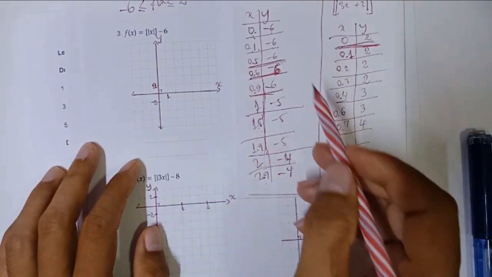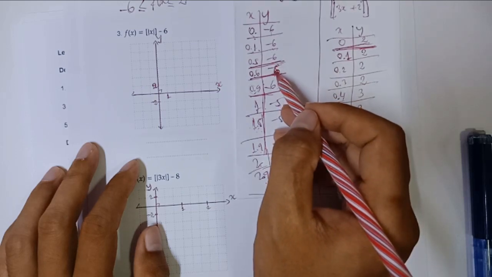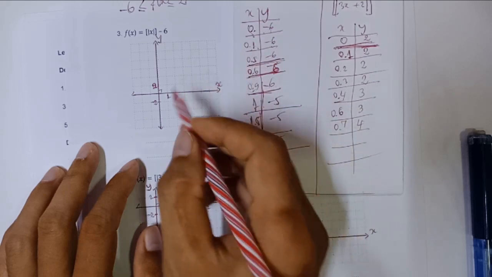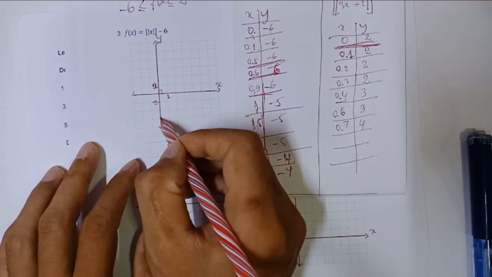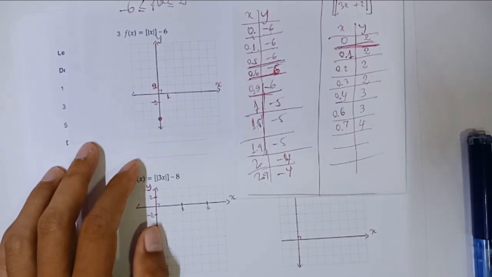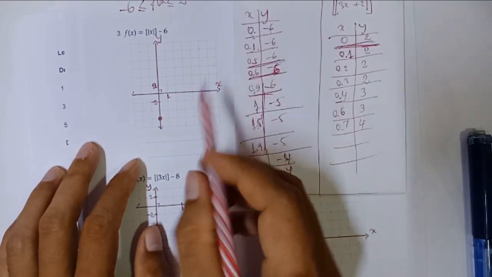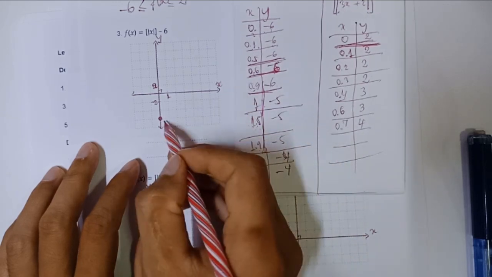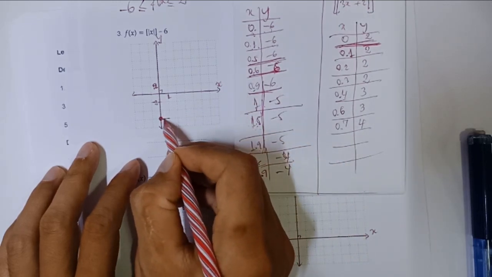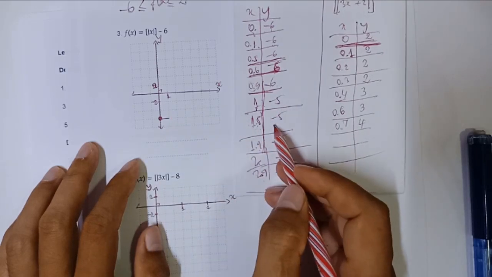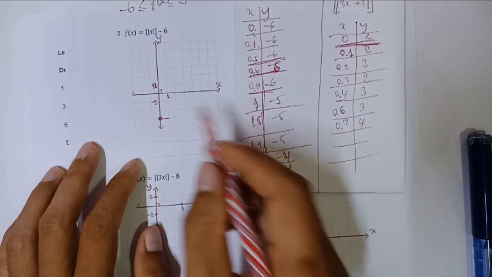When x is 0, y is -6, so you give it a solid circle like this, and you count all the way through here to number 1. When it reaches number 1, it jumps over to the other set, which is -5.